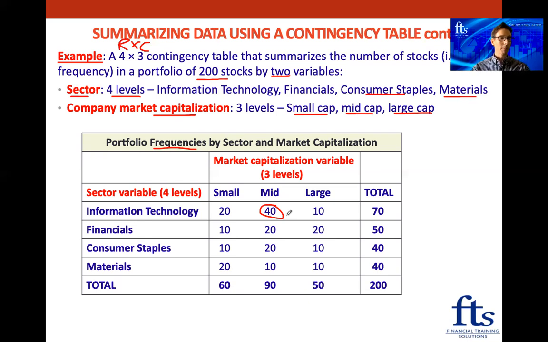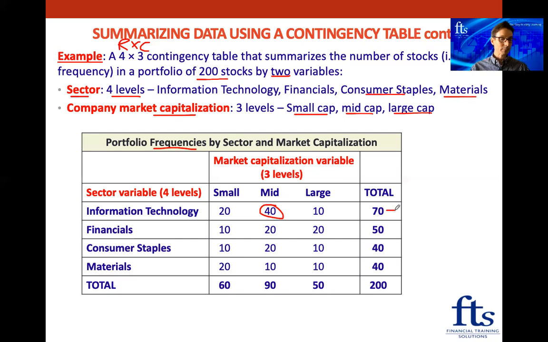So for example, if they ask us what's the marginal frequency of IT stocks, all we need to do is add across the 3 levels of market cap. We'll add the 20 plus the 40 plus the 10 there. So we can see that there's a total of 70 IT stocks.